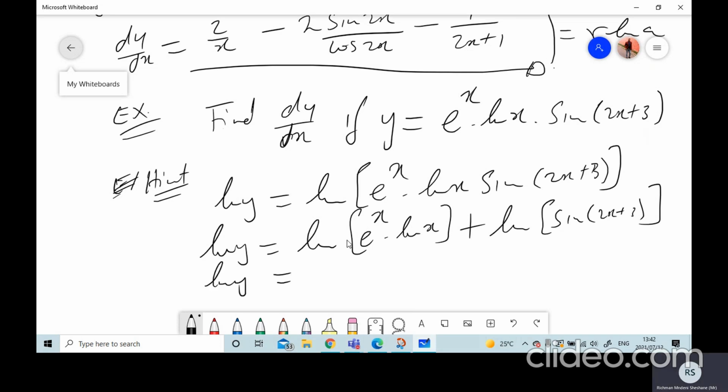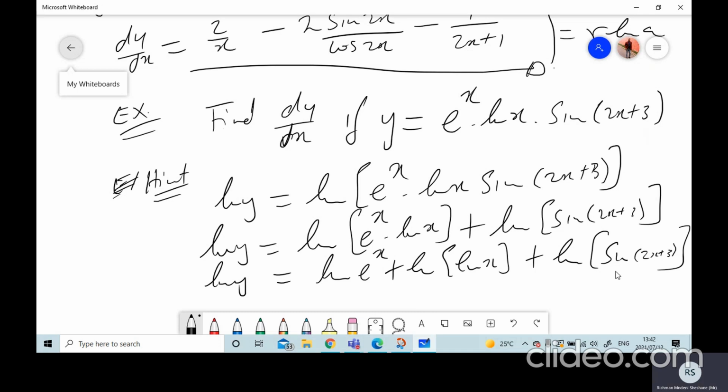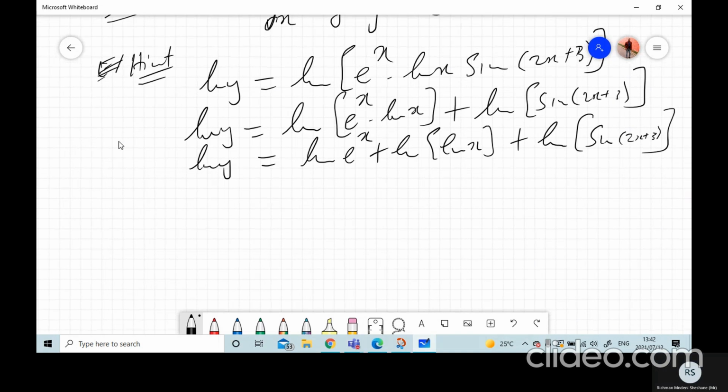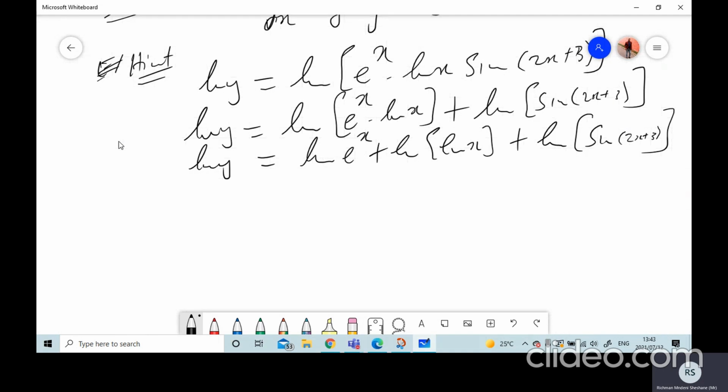And next, for ln of y, I can still see one of the log properties, ln of a times b. So ln of a plus ln of b, ln of ln x, plus ln of sine 2x plus 3. So yeah, I can still see one of the three properties that I gave you earlier.